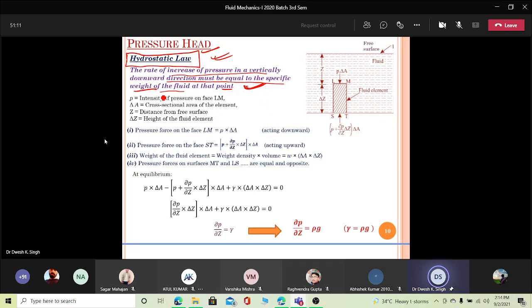So to prove this hydrostatic law, we have a fluid element. You can say this is our fluid element. We know that pressure acts on this fluid element from all directions.